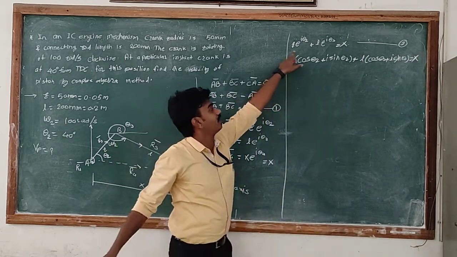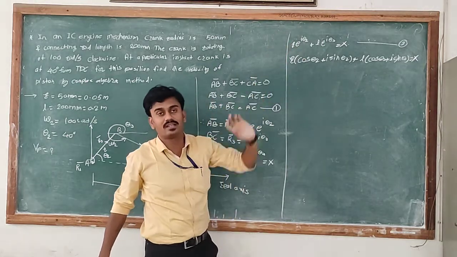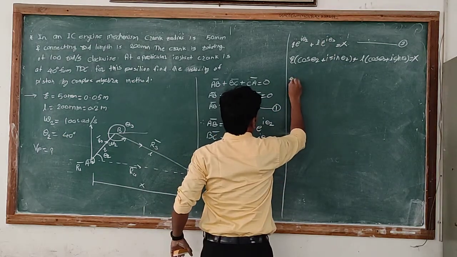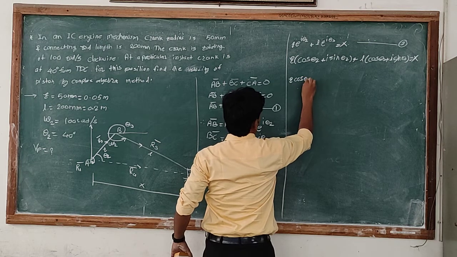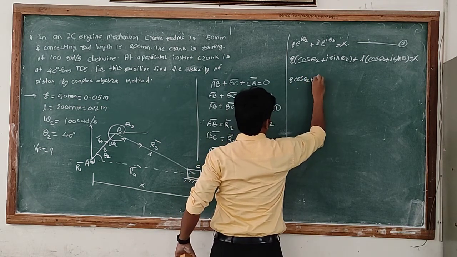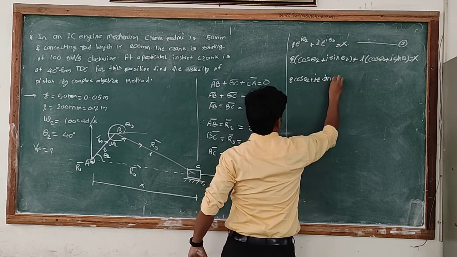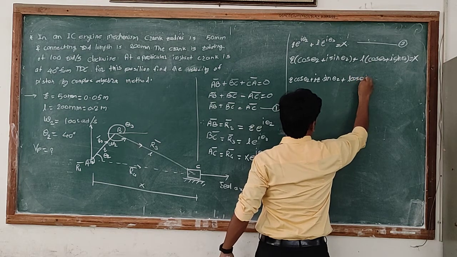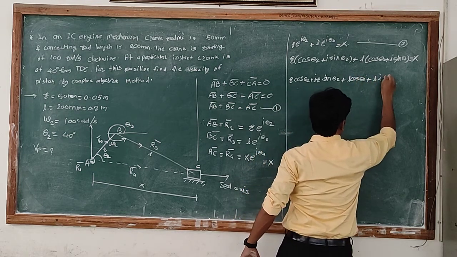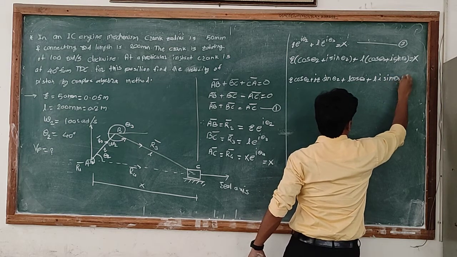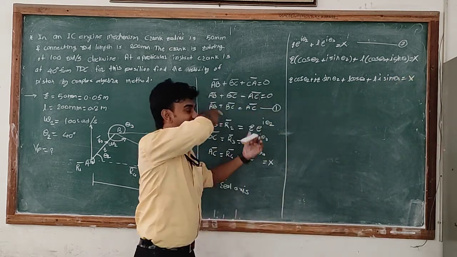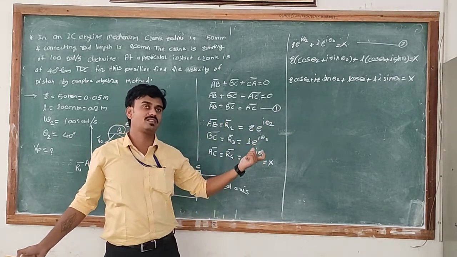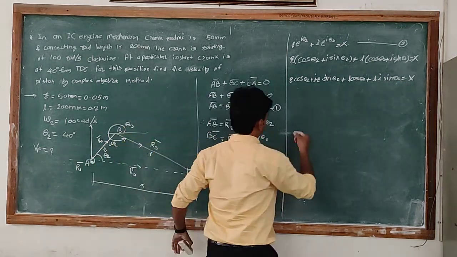We take the expansion of e raised to i theta 2 and the expansion of e raised to i theta 3. So it becomes r into cos of theta 2 plus r into i sin of theta 2 plus L into cos of theta 3 plus L into i into sin of theta 3 is equal to x. We will take the i term separate and the other term separate, meaning we separate the complex number term and the real number term.